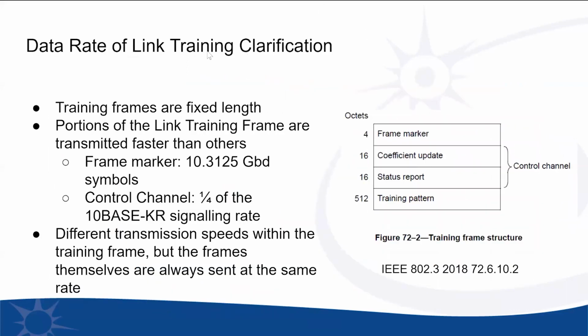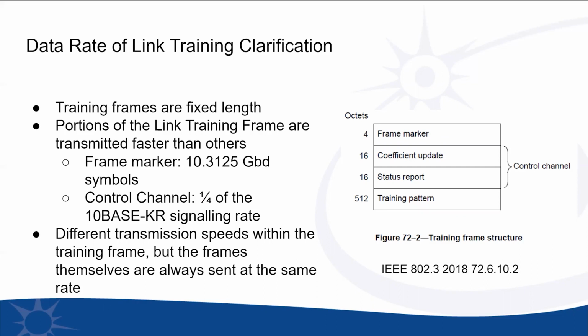When I was doing some research into where the confusion was coming from, my colleague Jeff Lepak, who's also our director, mentioned that it might actually be coming from the link training. There is a section within the standard that I know Craig's covered some of, 72.6.10.2, where it defines how the training frames are built.